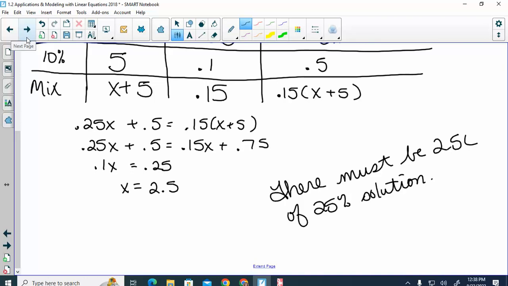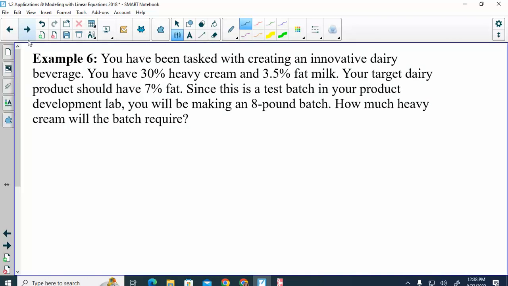I want to do one more mixture problem. So you have been tasked with creating an innovative dairy beverage. You have 30% heavy cream and 3.5% fat milk. Your target dairy product should have 7% fat.